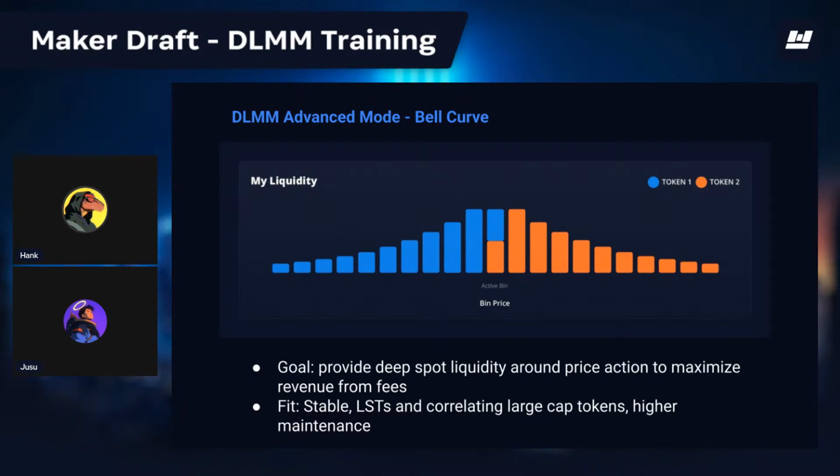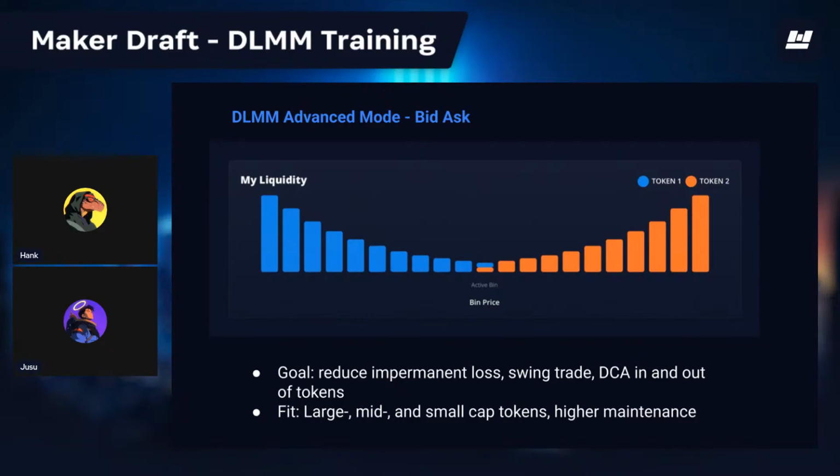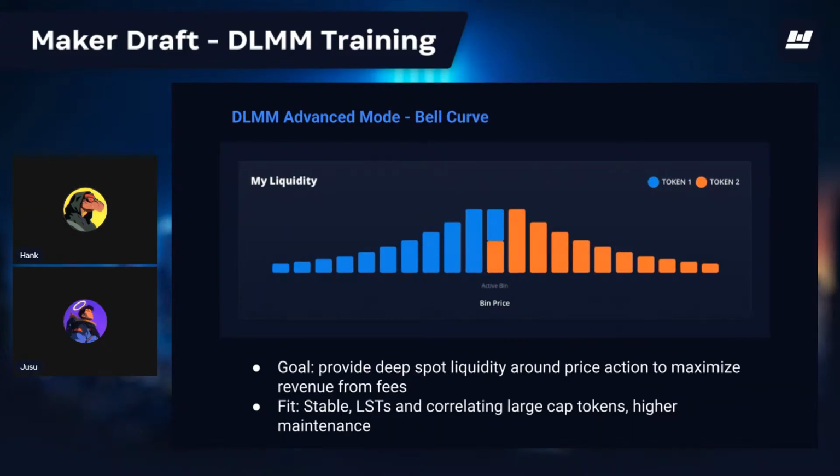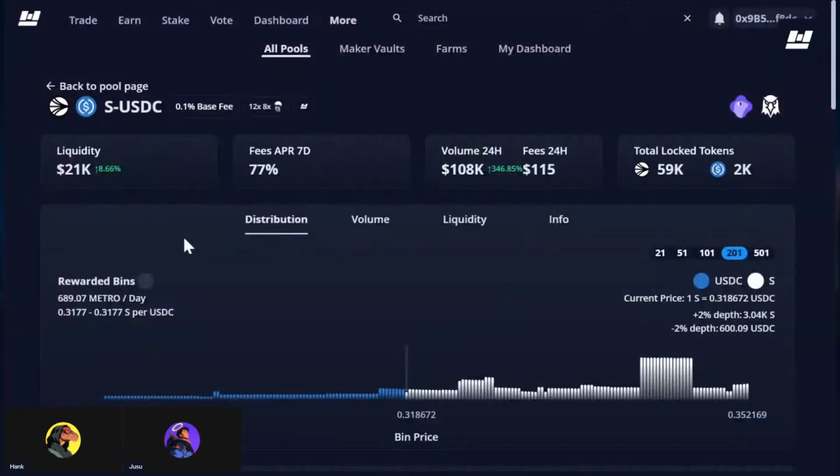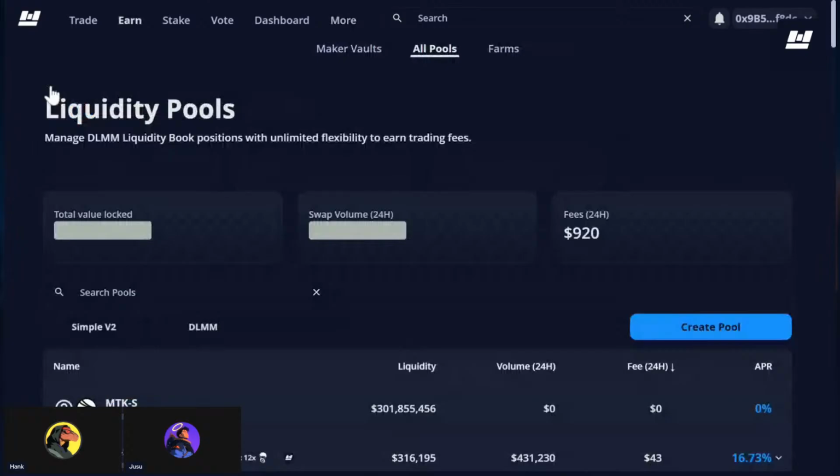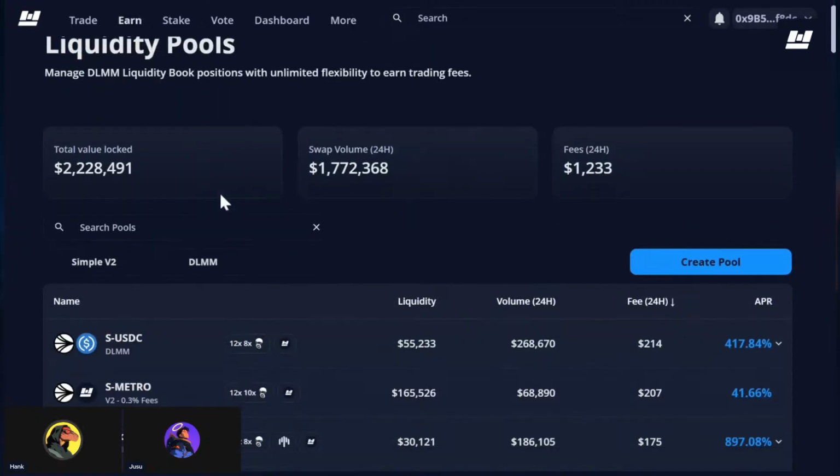So this is where you can use this. And I'm going to jump back and allocate this into a pool. So this was a curve.